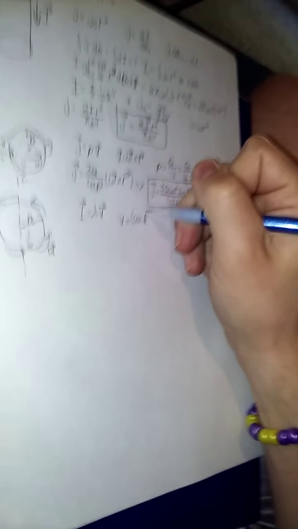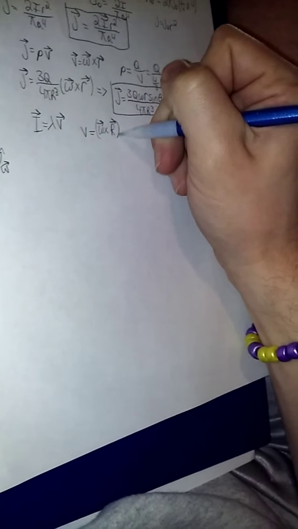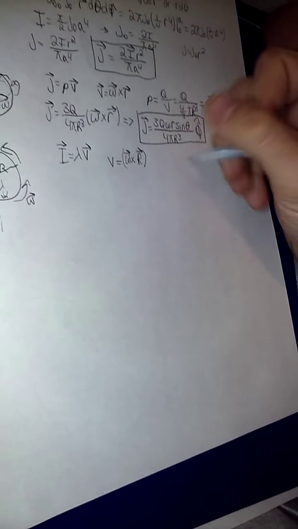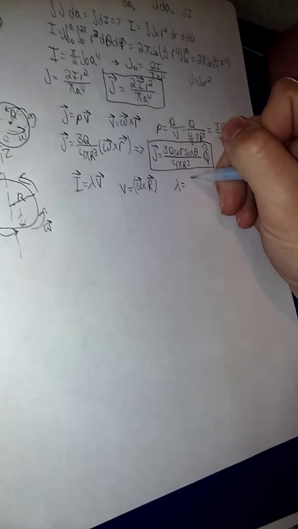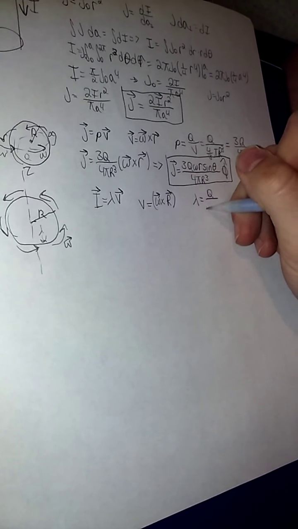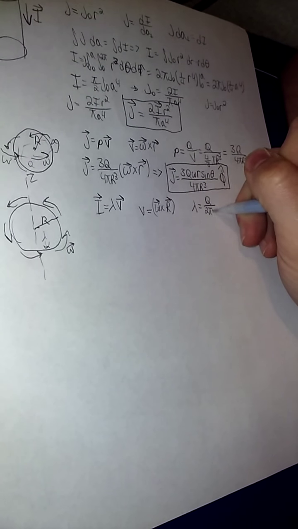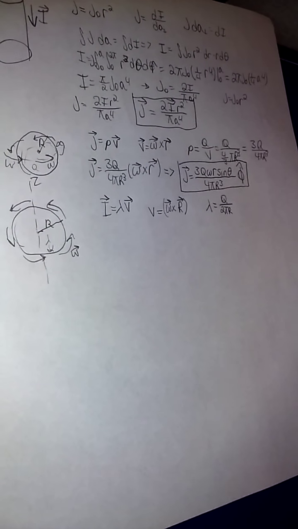This time we have cross big R, because it's a line charge, so little r is always going to equal big R. And then lambda, since it's uniformly charged, equals Q over 2 pi big R.